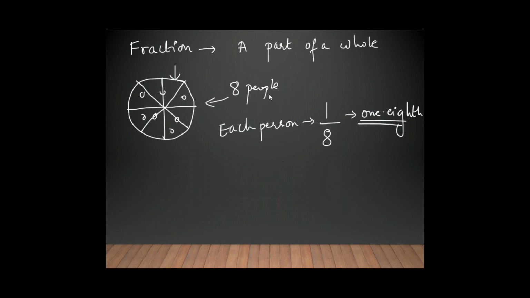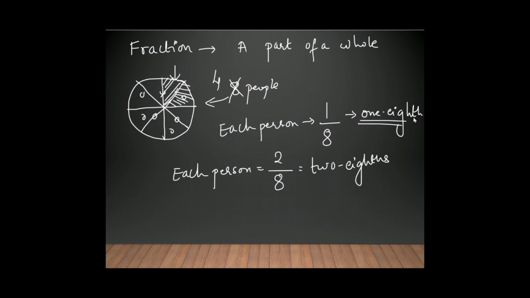Now suppose instead of 8 people, now there are 4 people. Now since there are 4 people, each person can eat 2 parts or 2 pieces, right? So the fraction of pizza eaten by each person can be represented as 2 pieces out of 8, which you can also write as 2/8.